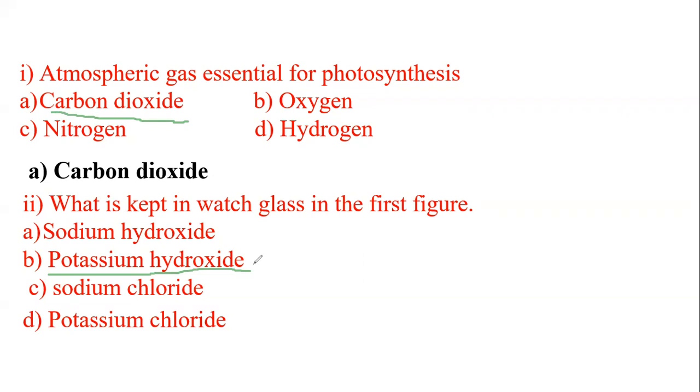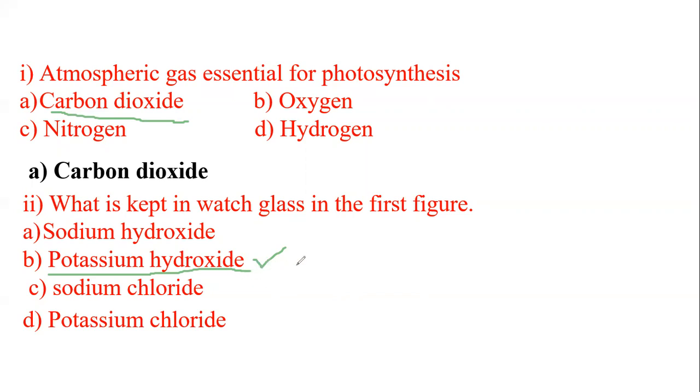So here, what is the role of potassium hydroxide? Potassium hydroxide is a good absorbent of carbon dioxide. In the plant where you kept the potassium hydroxide, all the carbon dioxide gas got absorbed by it. That you already studied. One more time you go through the activity, you will come to know very clearly.